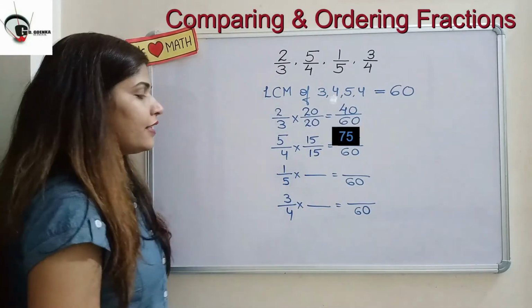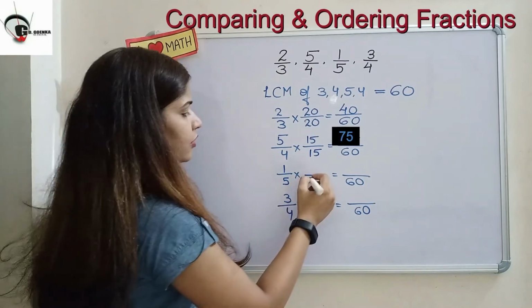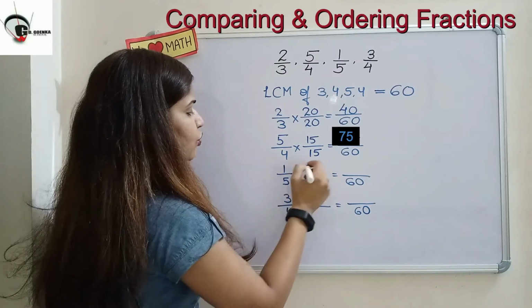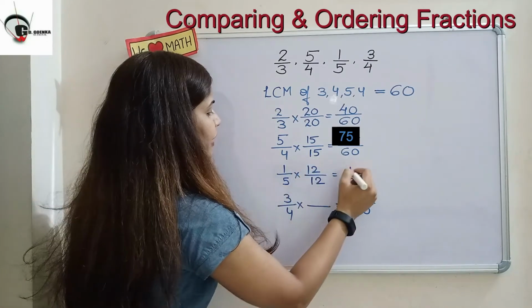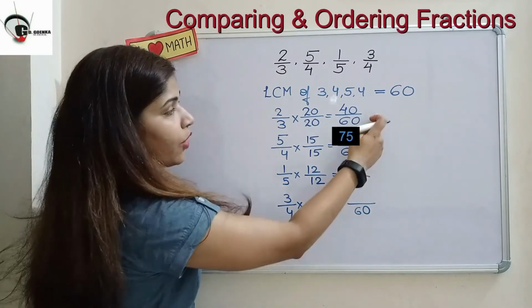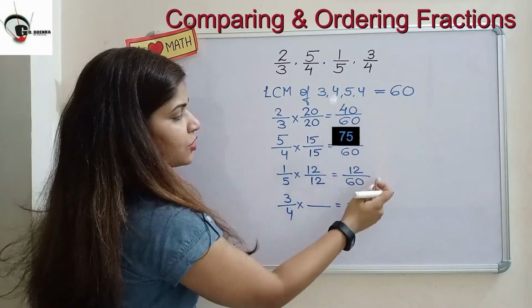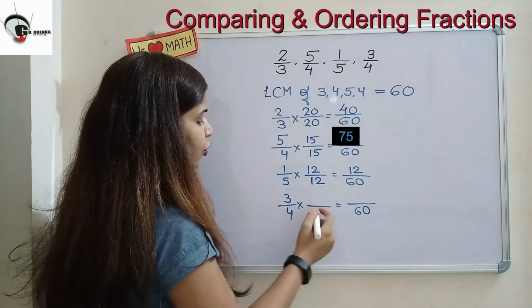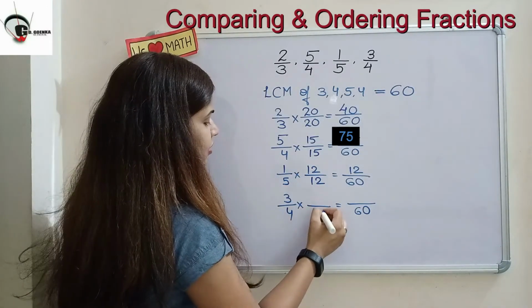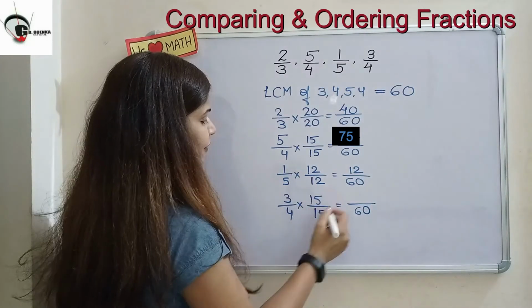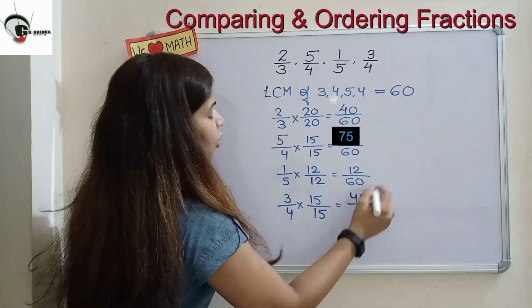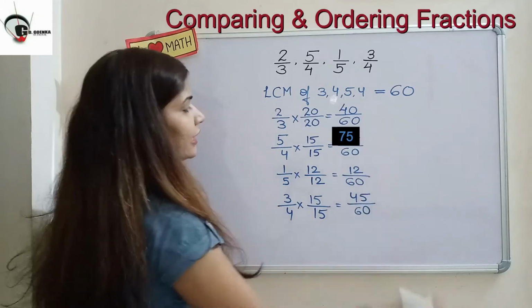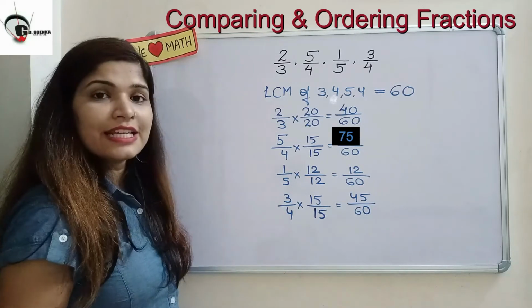Then 5 twelves are 60, so 1 twelve is 12. Now I am getting all like fractions with the same denominator. Then we have 4 fifteens again, so 3 fifteens are 45. Now I have received all the like fractions with denominator 60.